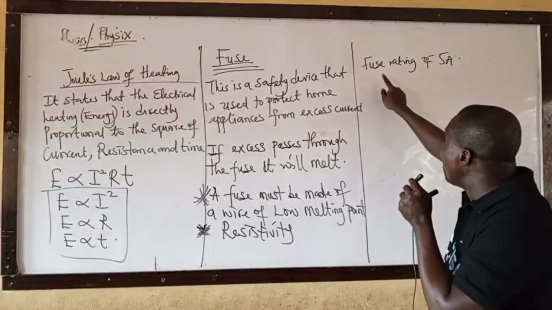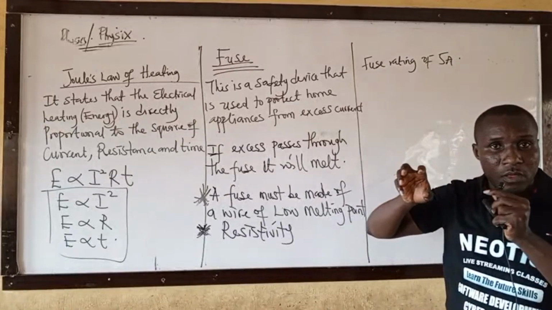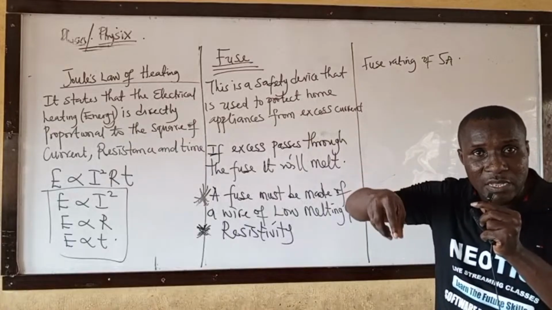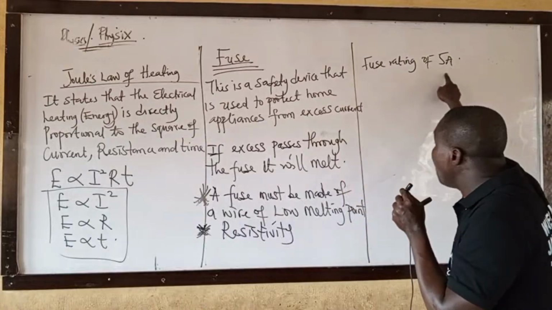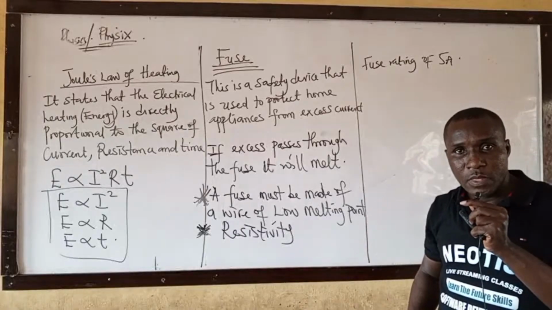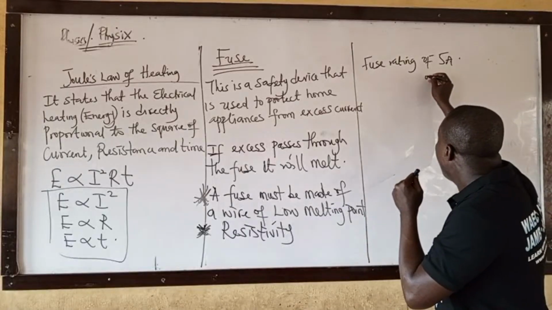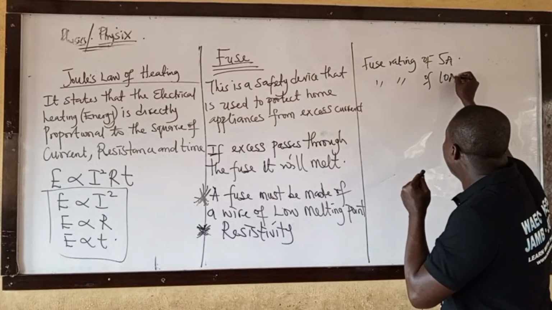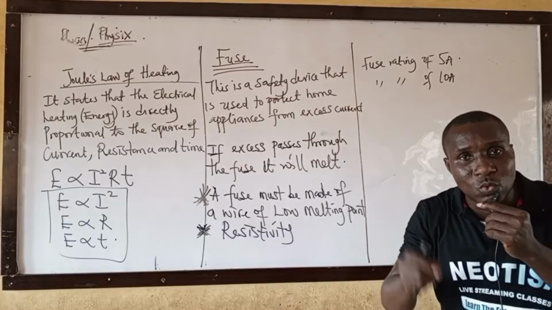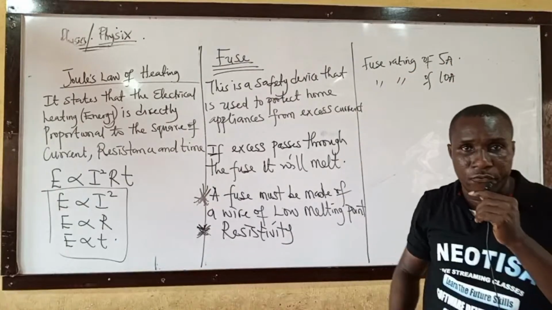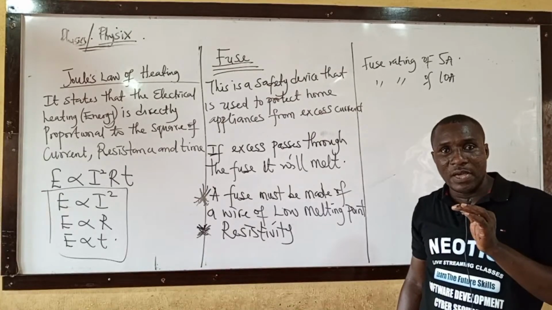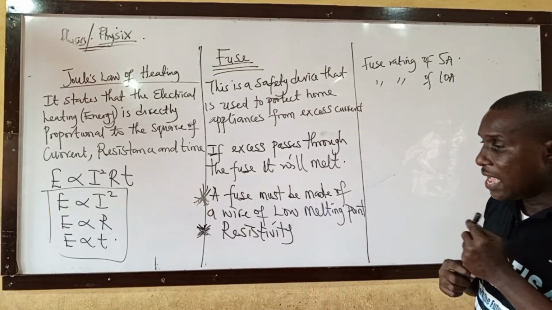If you have a fuse rating of 10 ampere, if any current above 10 ampere passes through the fuse, the fuse will break off, because the fuse is made of a low melting point wire. Take note of that.